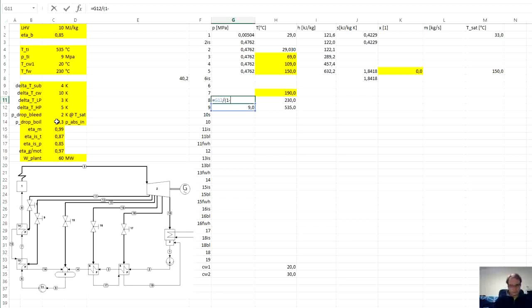Divided by 1 minus pressure drop, and we get roughly 13 megapascals. For the calculation purposes, we don't assume any further pressure losses downstream of the boiler.